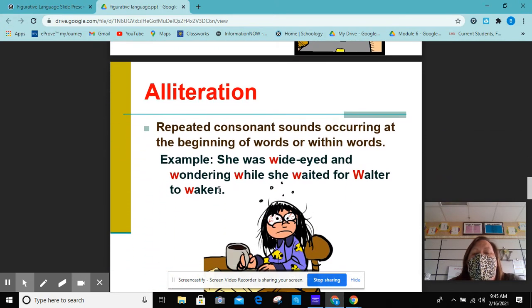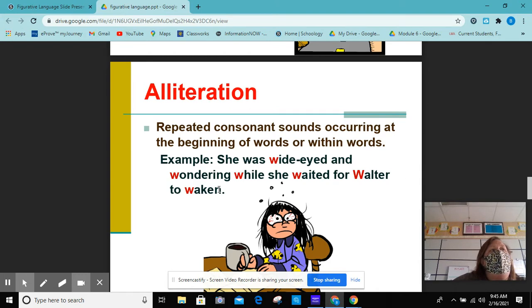Alliteration. Repeated consonant sounds occurring at the beginning of words within words. She was wide-eyed and wondering while she waited for Walter to waken. Now, what letter is repeated in this sentence? W. So it's all the time making the W sound.